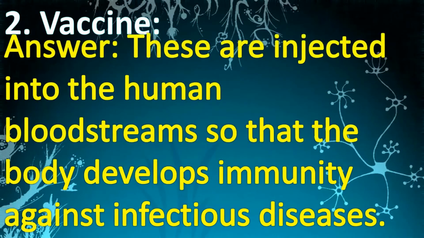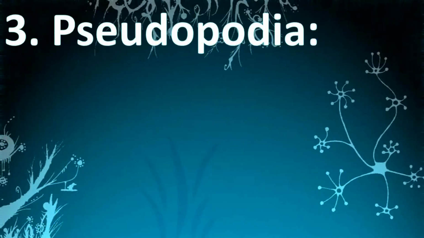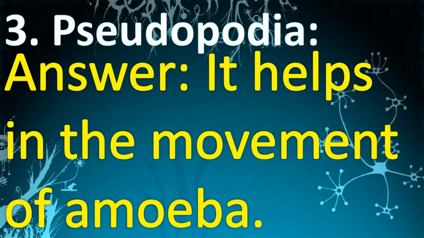Answer is these are injected into the human blood streams so that the body develops immunity against infectious diseases. Next question. Pseudopodia. Answer. It helps in the movement of amoeba.